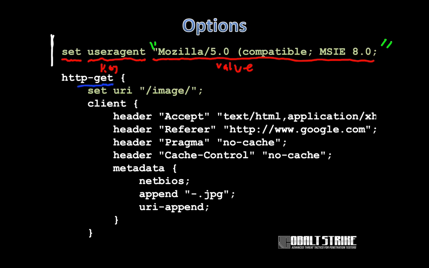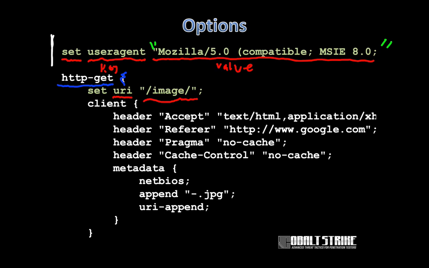Here we have the HTTP GET block. And this is defining aspects of how Beacon does an HTTP GET to download tasks. And within this block, we happen to have an option URI. And the value of this option is /image/.